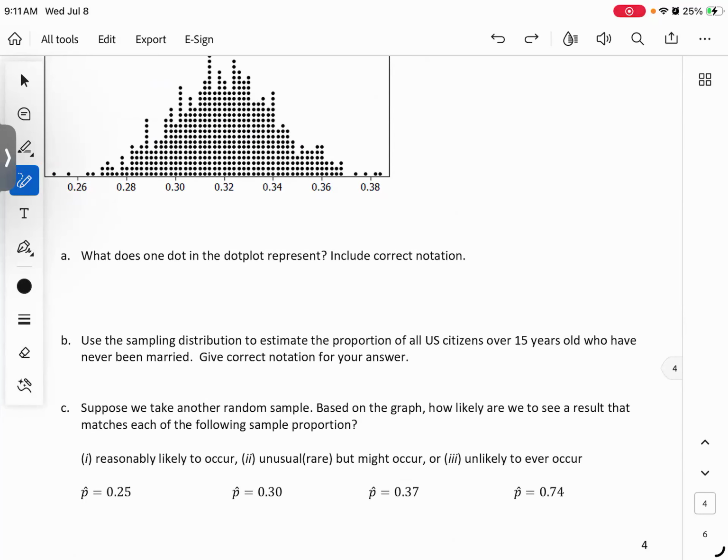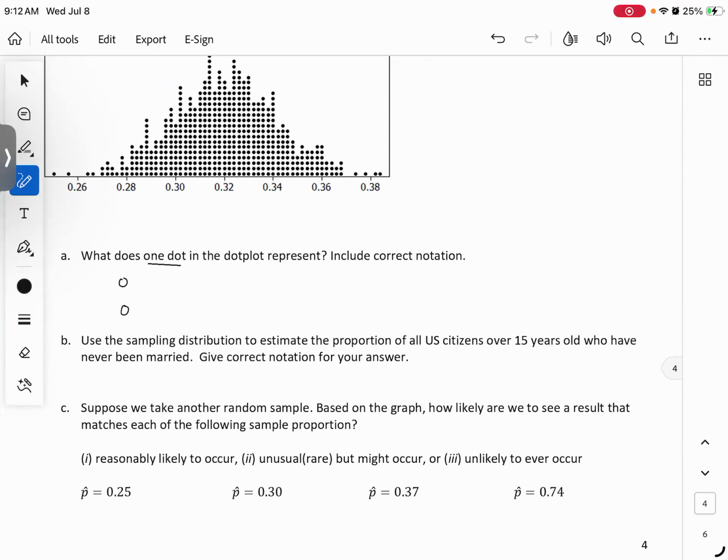Now, one thing that you want to be really, really clear about with these new graphs that we're looking at is what does one dot represent? Whenever they ask you, what does one dot represent, there's two things that you want to say.